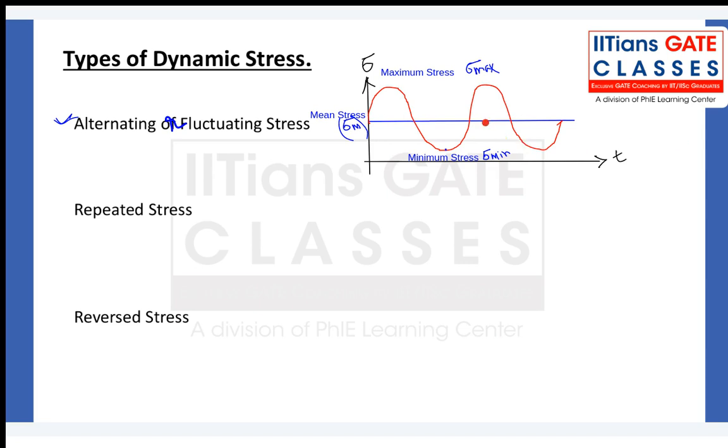Okay. Now, there is one more term that is known as the stress amplitude. What is the stress amplitude? Stress amplitude is the maximum stress above the mean stress. We represent it by sigma a. Basically, sigma a is nothing else but the stress amplitude.